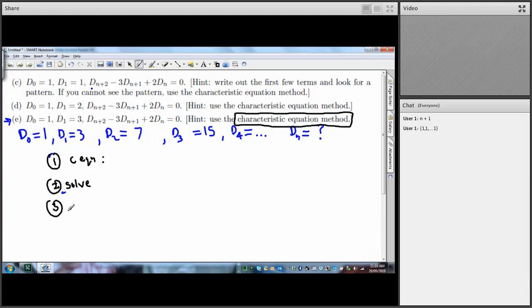Okay, so the characteristic equation method. Step one is to get the characteristic equation. That's what it really comes down to. We get the equation, which ends up being a polynomial. Then we solve it.